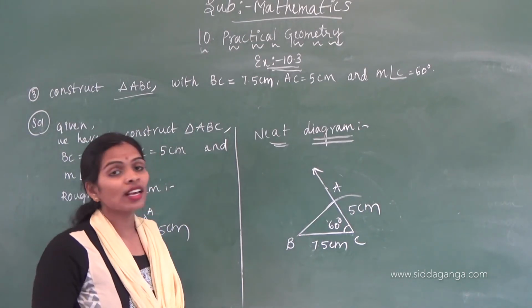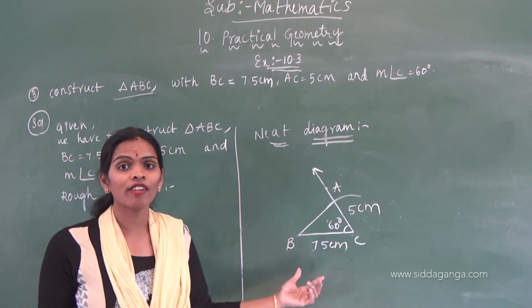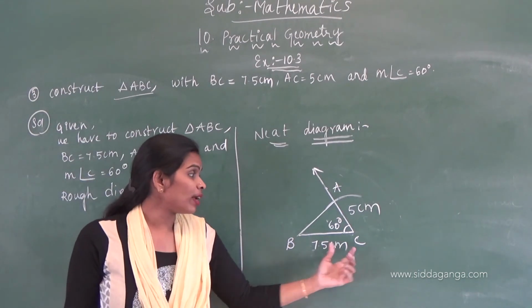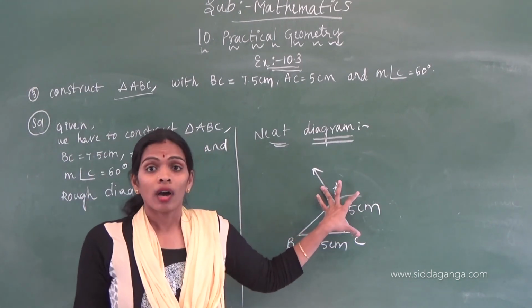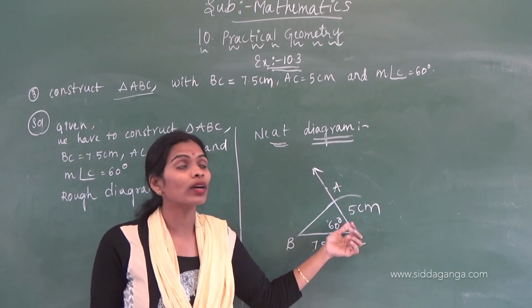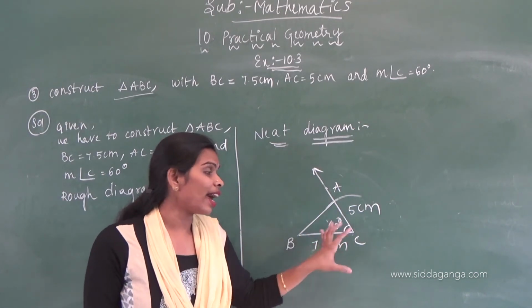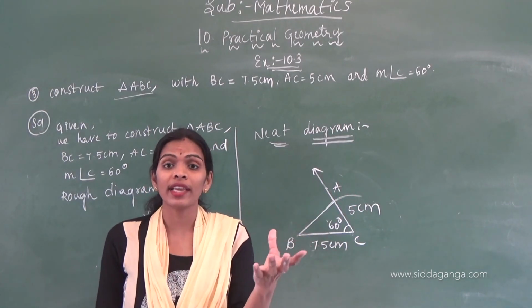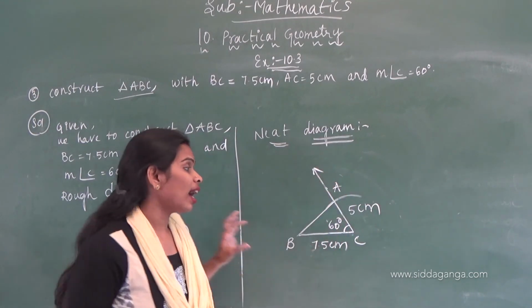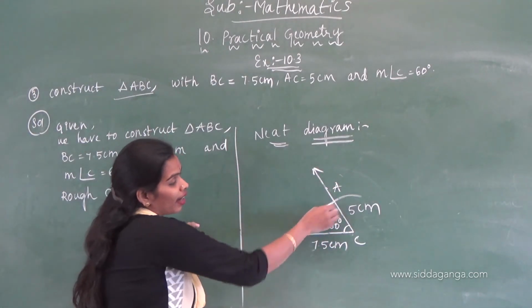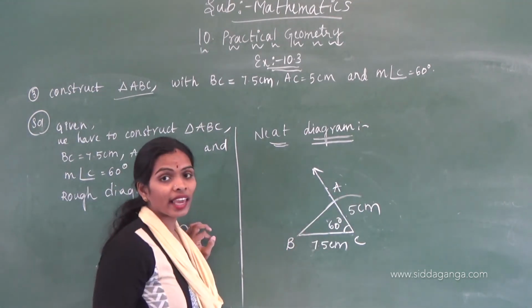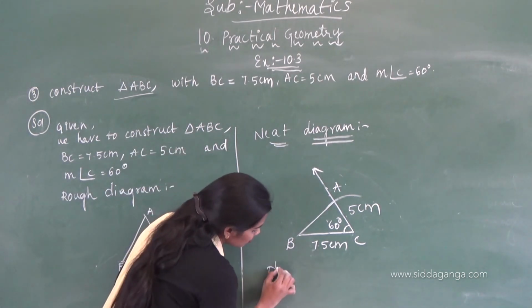What I have done here: first I have taken BC as the base, that is 7.5 centimeters, and then I have drawn an angle of 60 degrees through C. That means I have constructed one ray here, and then I have drawn an arc of radius 5 centimeters which will cut the ray through C, and then I have joined AB.